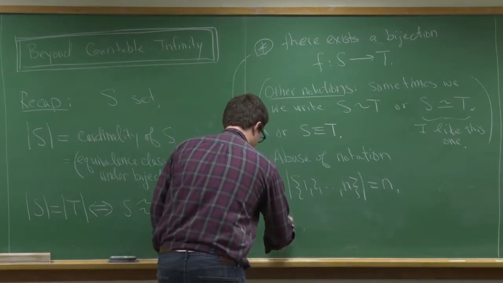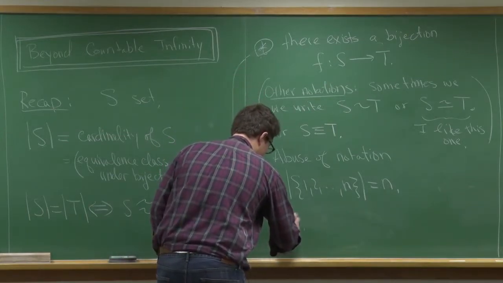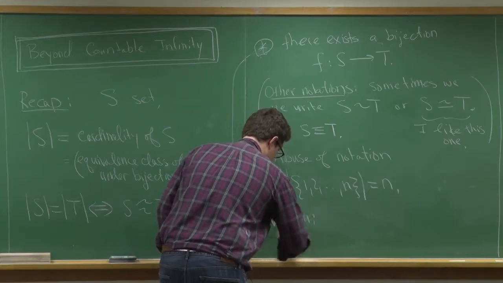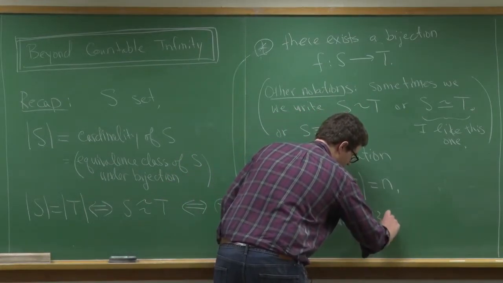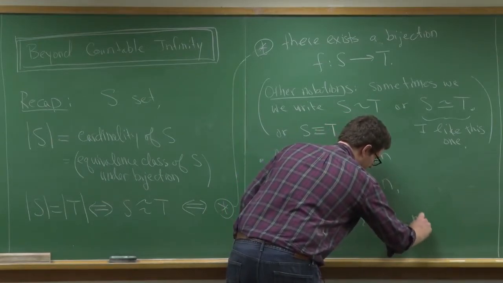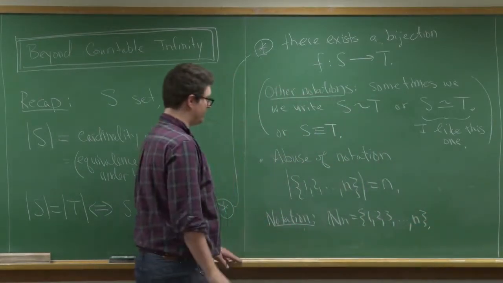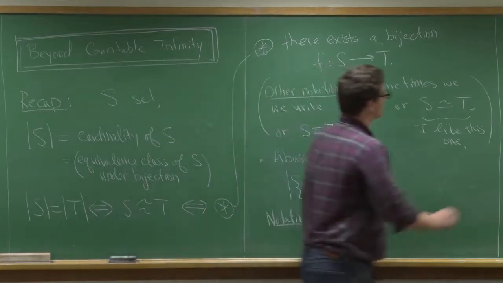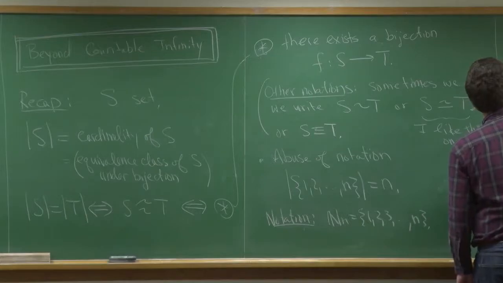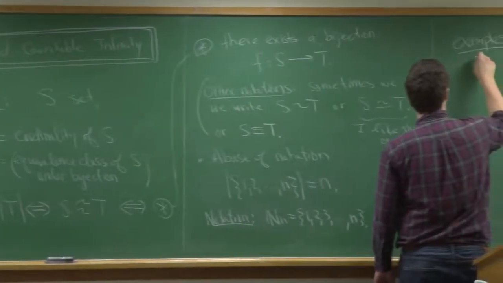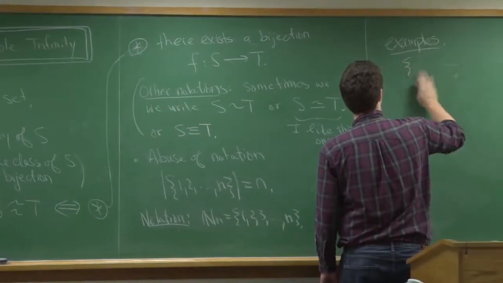We also had the other notation that we used, n sub n. So this was like 1, 2. We did it like this. Let me just do some examples. Like this set, 1, 2.